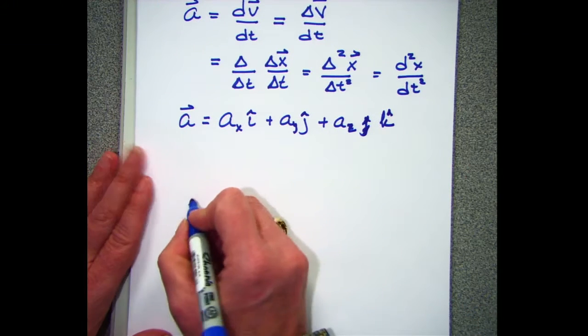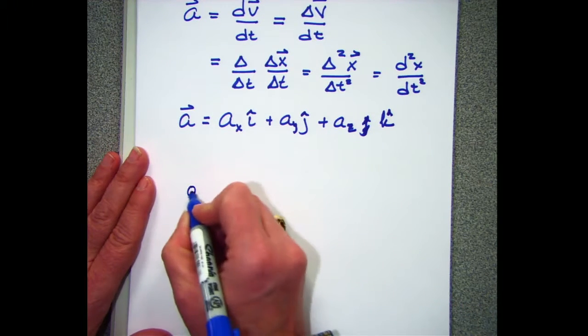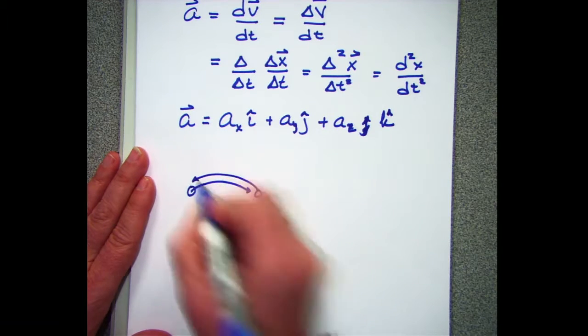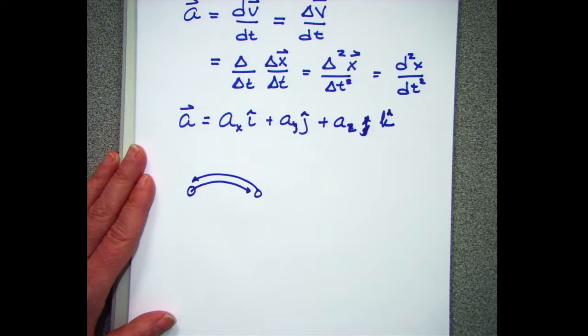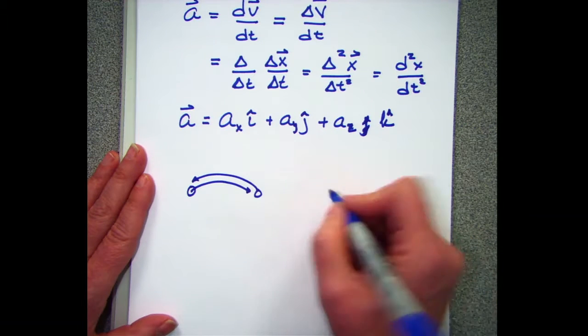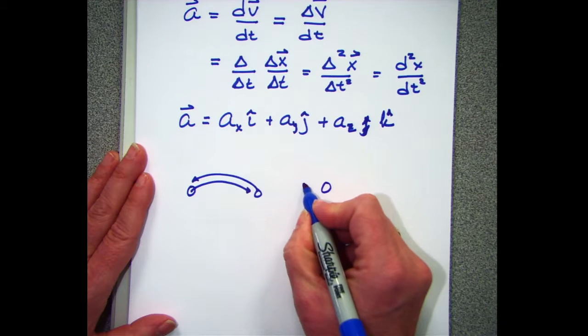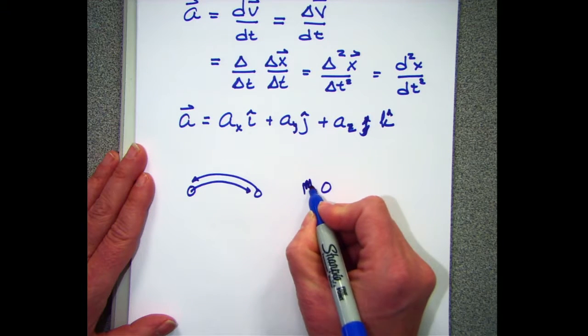But if I'm tossing a ball, and we're playing catch, tossing the ball back and forth, once it leaves my hand, there's nothing pushing on that ball. I'm going to draw my hand here with my little fingers.